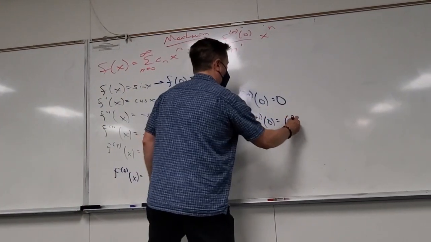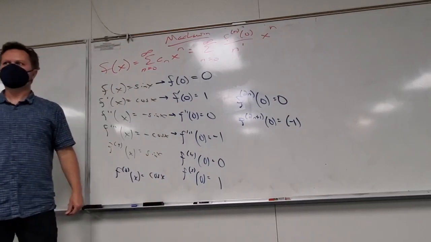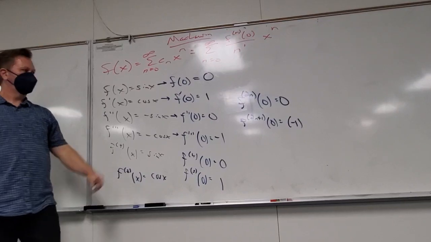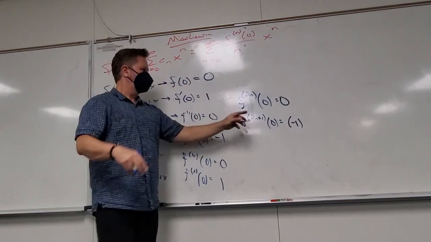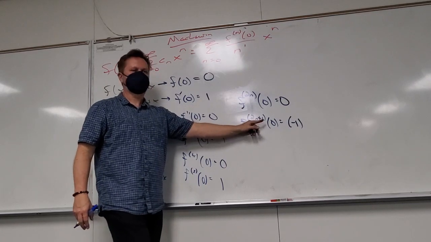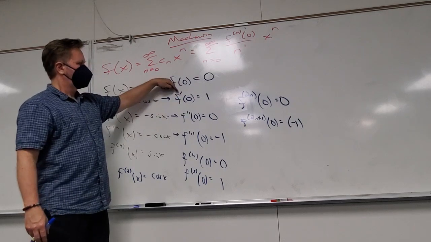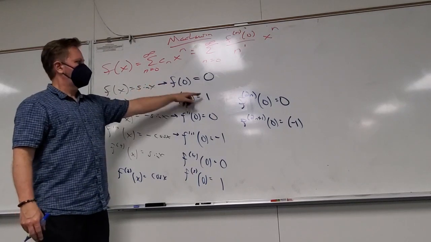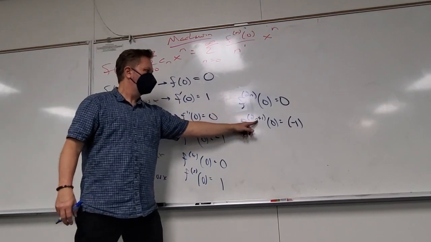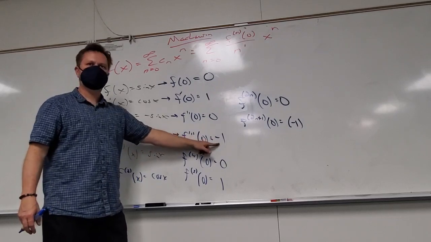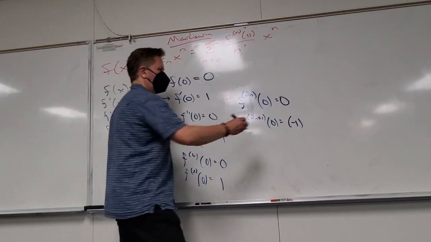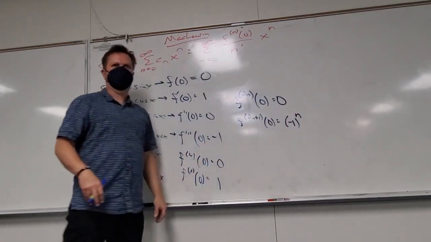Yeah, so it's -1 to the... Oh, it's alternating? So when n is 0, I get the first one. That's what I'm trying to say. When n is 0, I get the first thing, and the power and the sign is positive. When n is 1, I get the third one, and the sign is negative. You guys with me? So this should be -1 to the n.